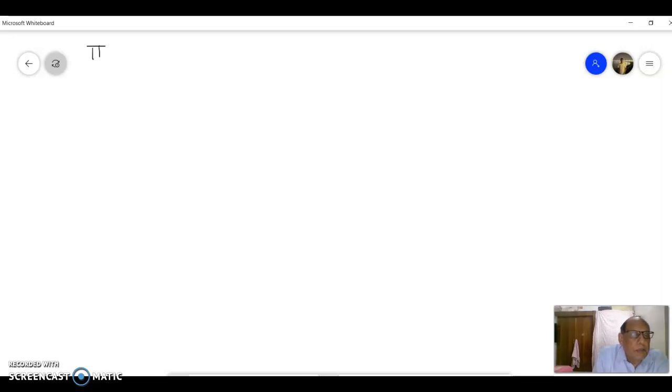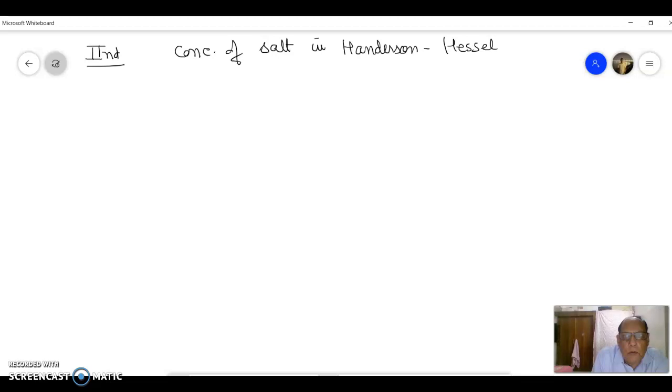The second misconception is about the concentration of salt in the Henderson-Hasselbalch equation. One interesting thing about Henderson and Hasselbalch is that neither of these two was a chemist.